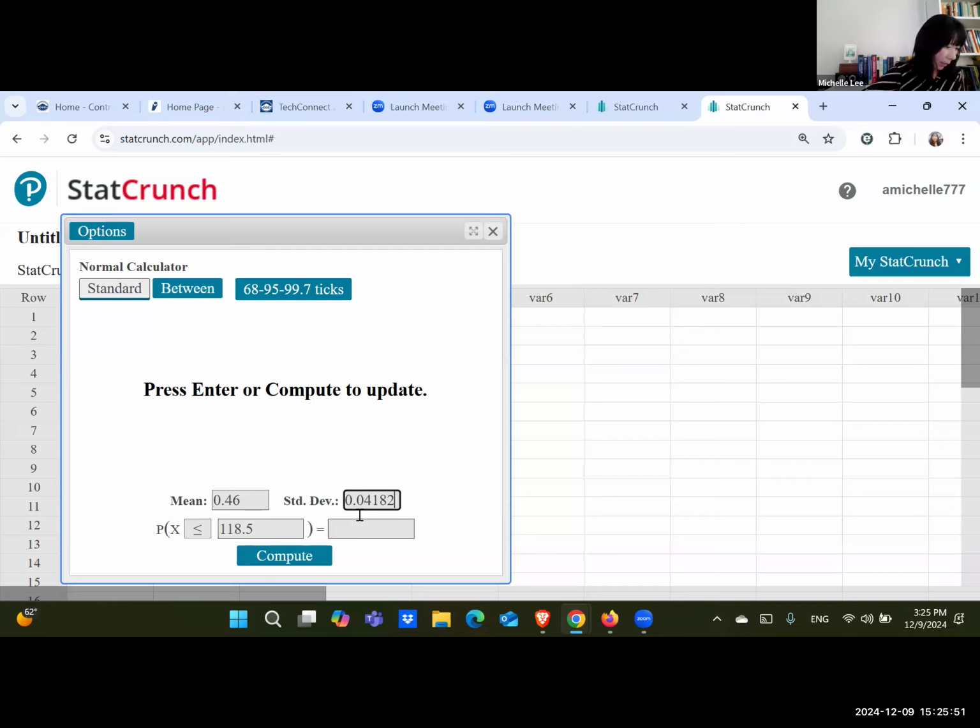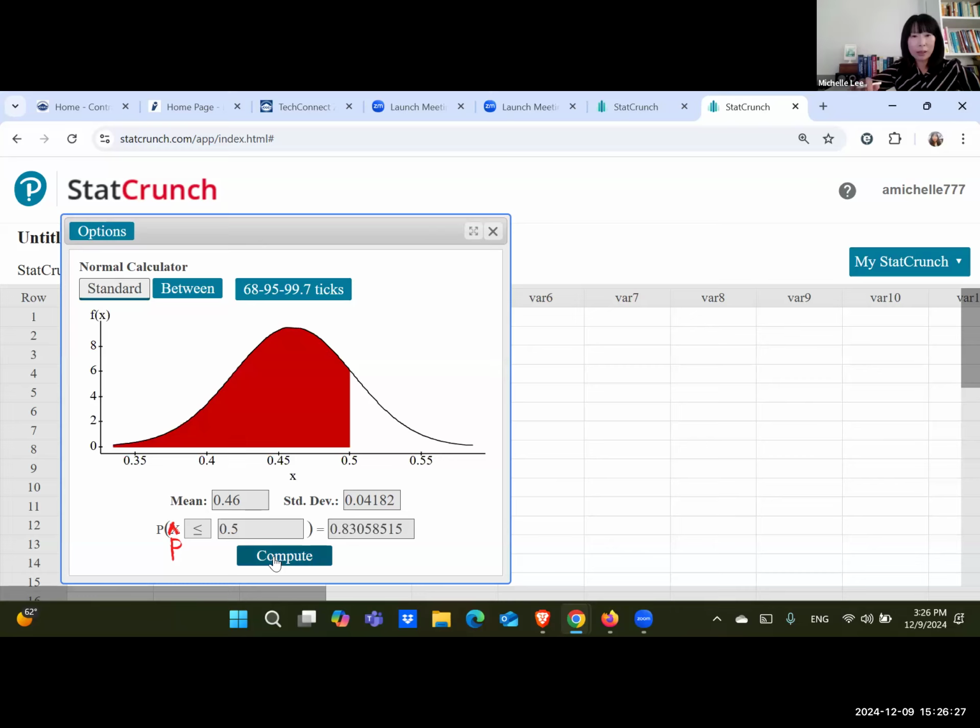And then X is less than, so we are using the same inequality here, and 0.5. In that case, that would be p hat, because they say the sample proportion, right? So we want to know the probability that the sample proportion is less than 0.5, right? So compute.